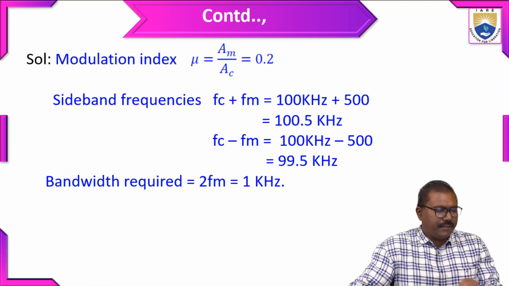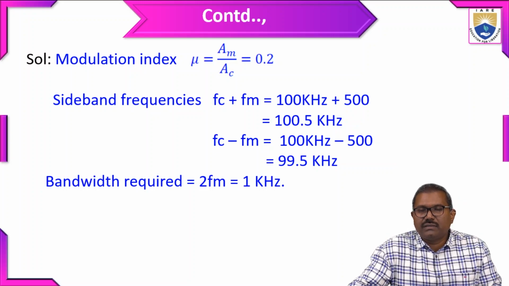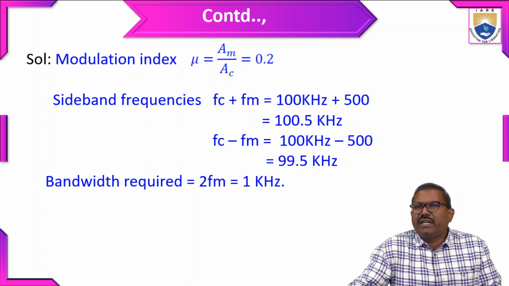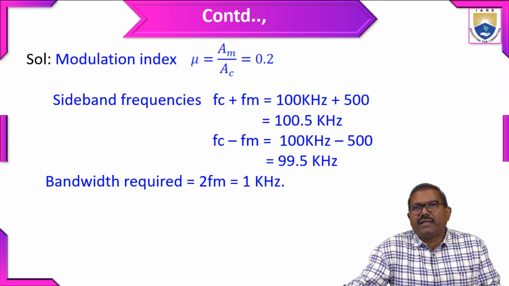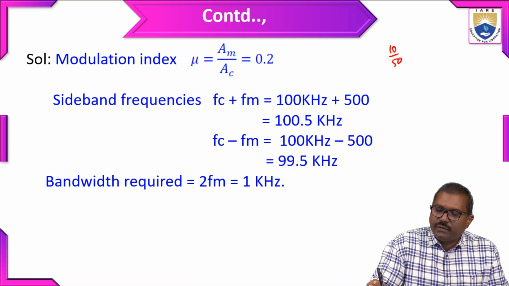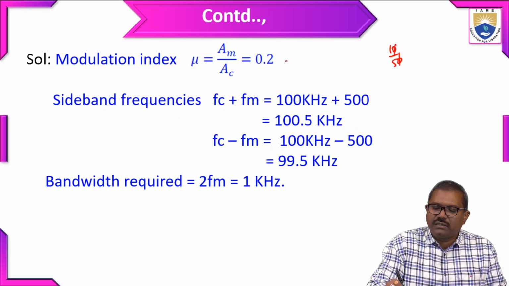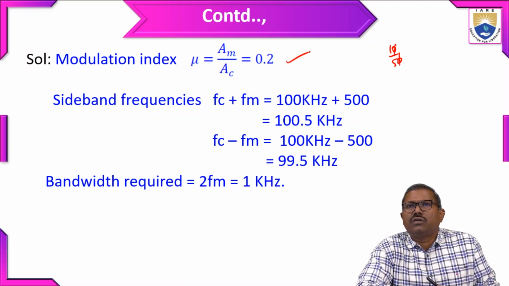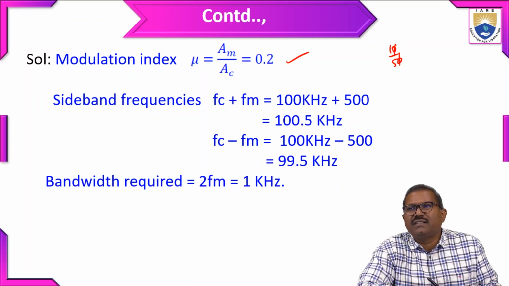Here, what is Am? Am is 10 divided by 50, Ac is 50. So 10 by 50, the 0 cancels, you get 0.2. So my modulation index mu is 0.2.